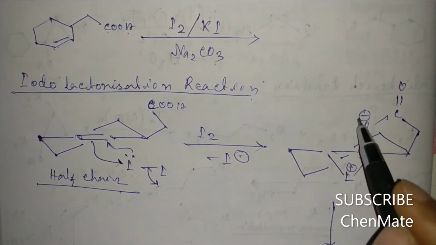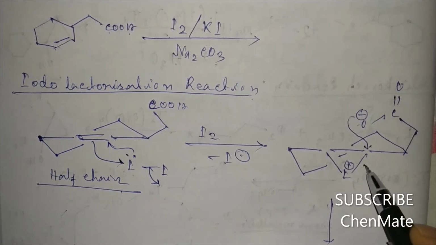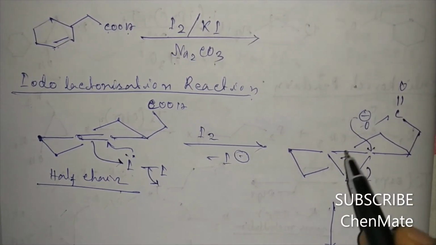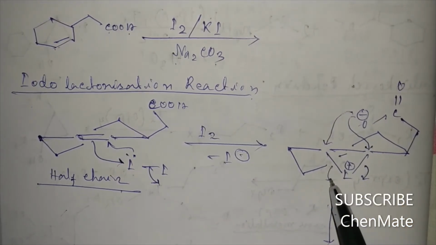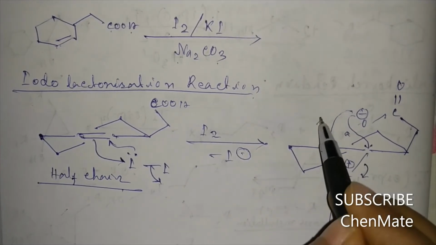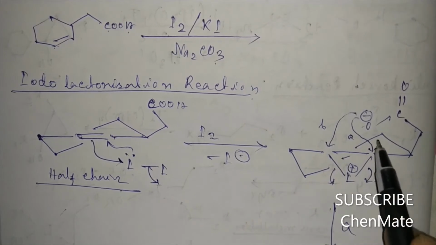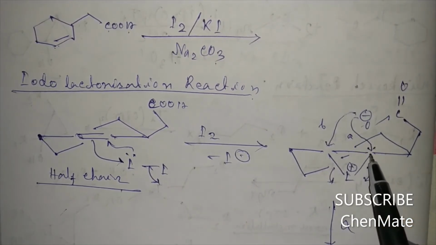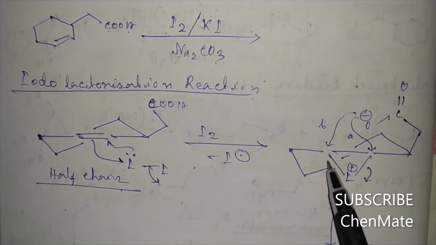The first one is it may attack at this carbon to open in this fashion, and the other way is that it may attack at this carbon to open in this fashion. So let's say this is A attack, this is B attack. Now for A attack, what will happen? This will attack here, so this carbon will go above and this carbon comes below.